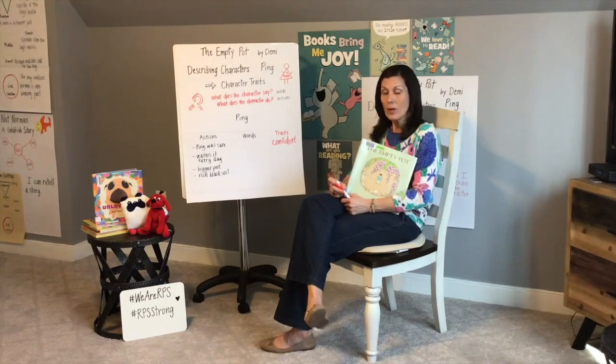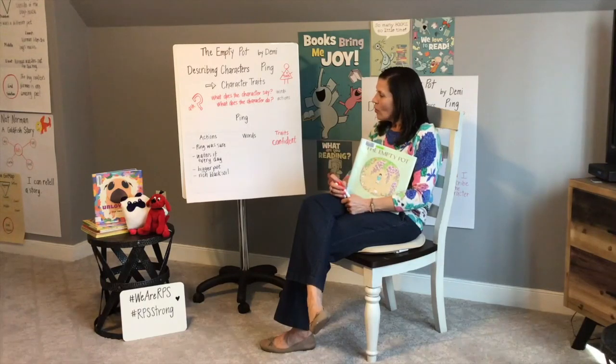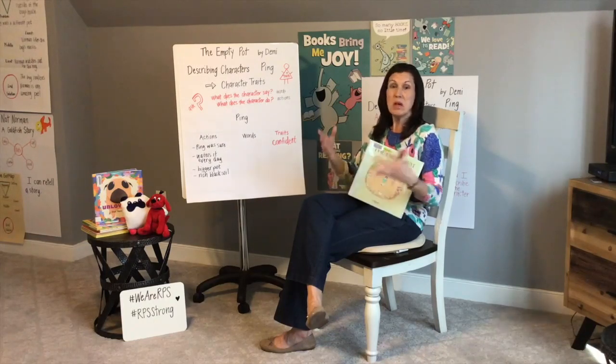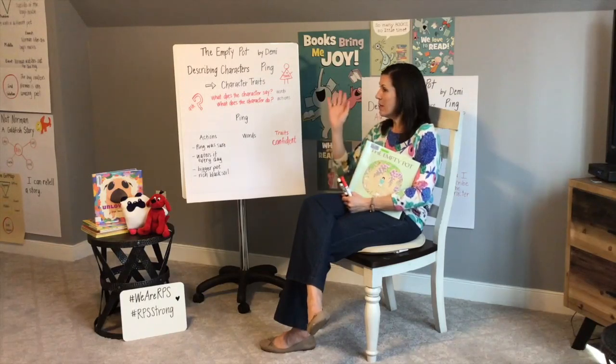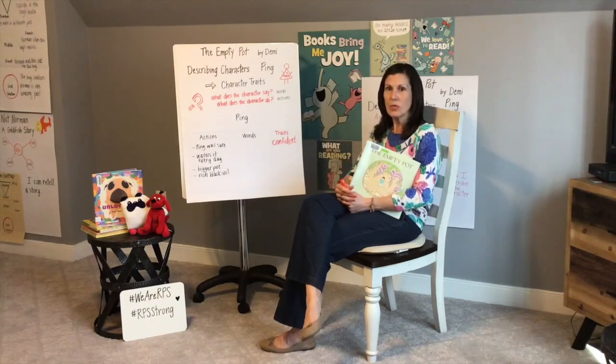He didn't know why it wasn't growing because he'd always been very good at growing seeds into beautiful plants. But when things aren't working out, despite our best efforts, we sometimes get frustrated and we give up. We quit. We say, that's it. I can't do this anymore. It's not working. I'm done. But that's not what Ping does.